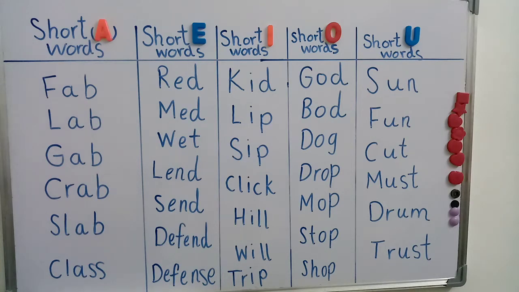When there's only one vowel in a syllable and it's followed by at least one consonant, the vowel usually makes its short sound, okay? As in got, lot, cup, etc. Examples also include the word itch.